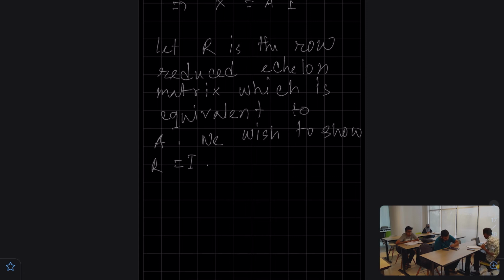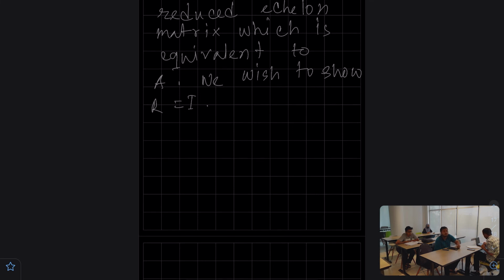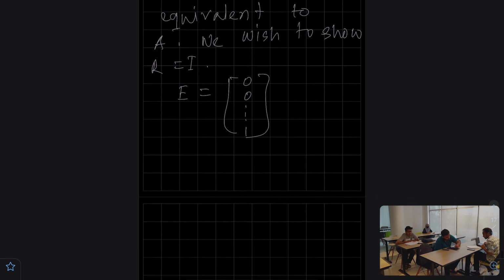This is the idea. So what I can do is choose an n cross 1 matrix E, 0 0 ... 1, such that Rx equals E. And why can I construct such an E such that Rx equals E?